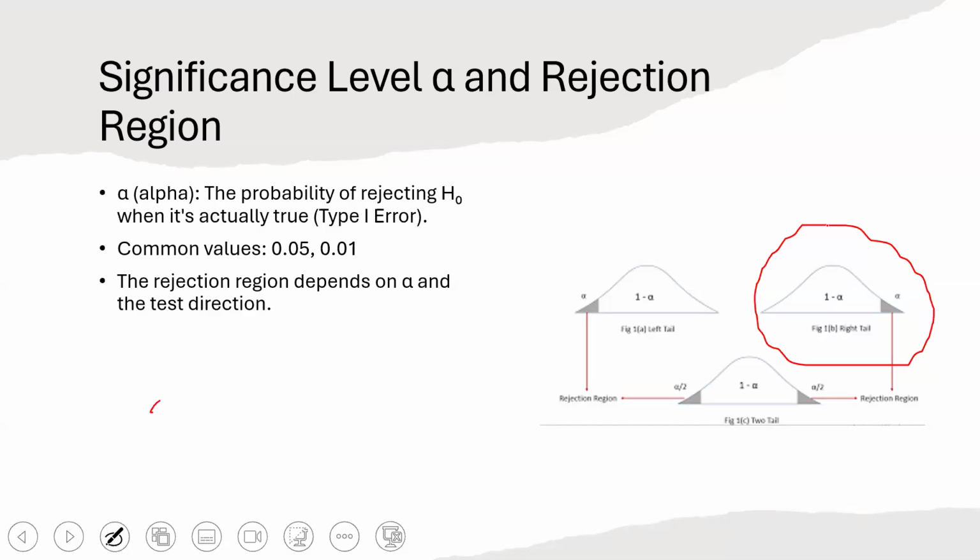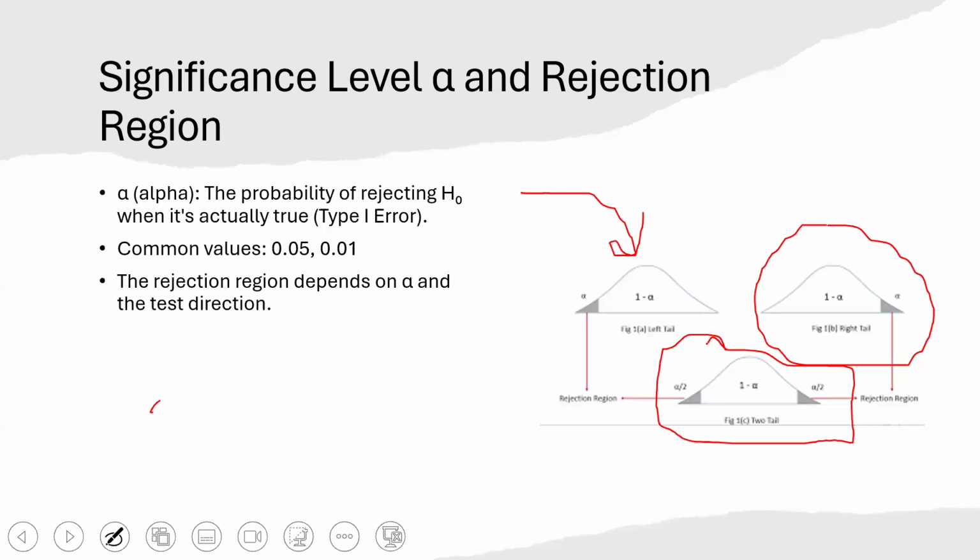Maybe you're testing if playtime increased after a Fortnite update. In a left-tailed test, it's on the far left. Say you're testing if customer satisfaction dropped after a policy changed. Now, in a two-tailed test, the rejection zones are at both ends, like testing if average hours played changed, whether it went up or down.